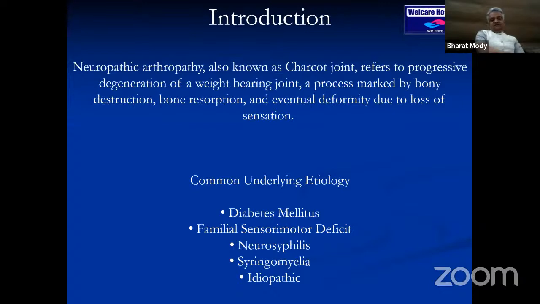Neuropathic arthropathy, also known as Charcot joint, refers to progressive degeneration of a weight-bearing joint, a process marked by bony destruction, bone resorption, and eventual deformity due to loss of sensation. That's very important, that loss of sensation part. The common underlying etiology could be any one of those things that you see here.